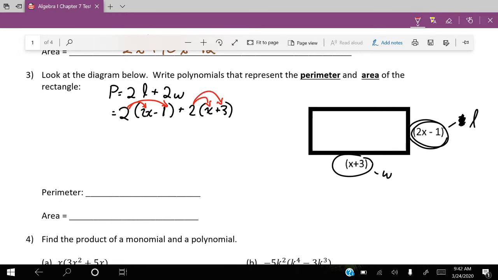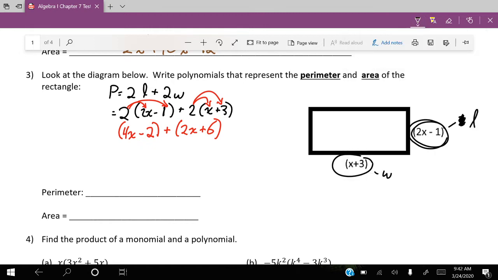So 2 times 2x is simply 4x. 2 times a minus 1 is going to be a minus 2. Plus 2 times x is 2x. 2 times 3 is 6. All right, the last thing I have to do is combine any like terms.